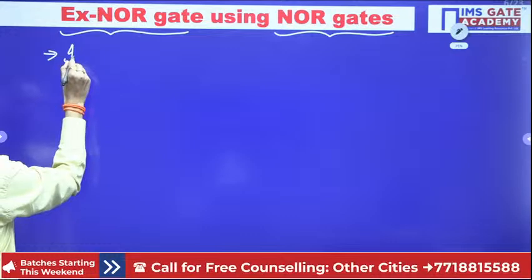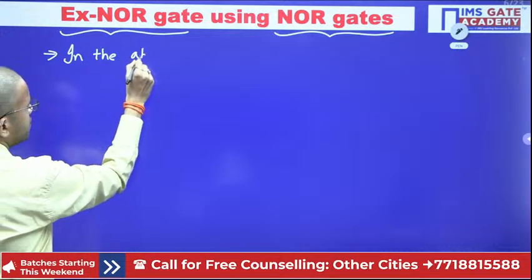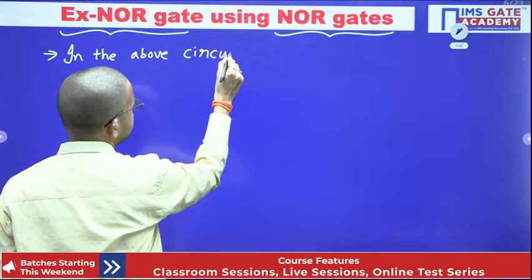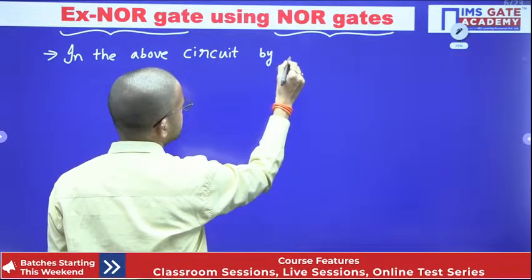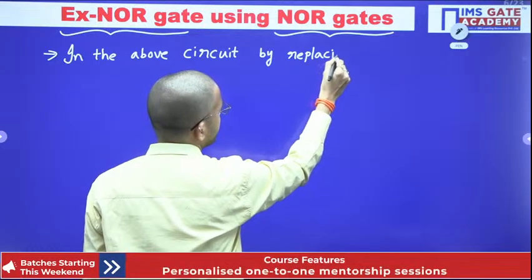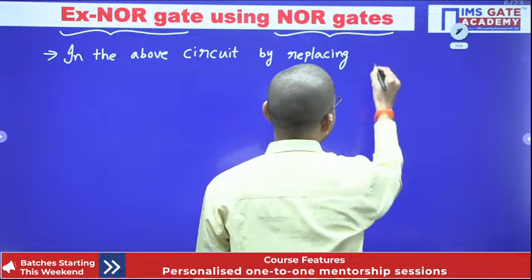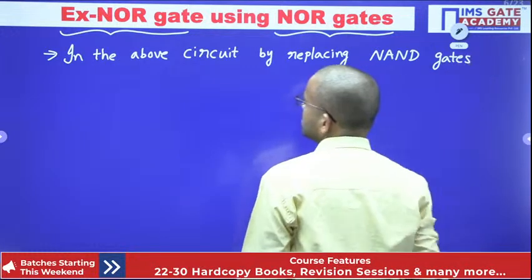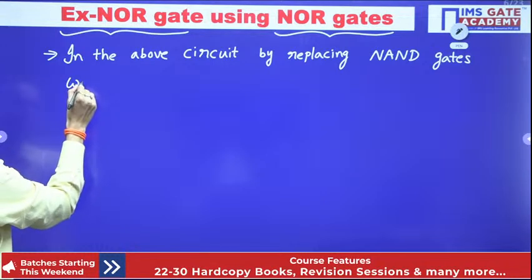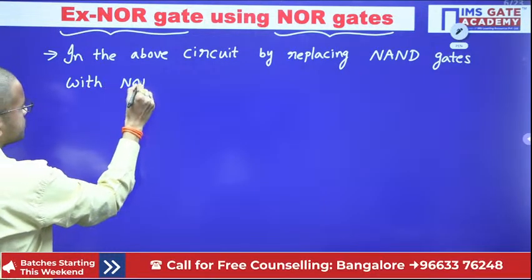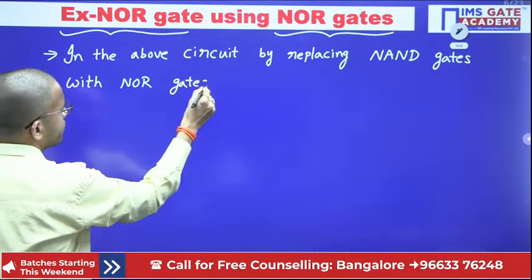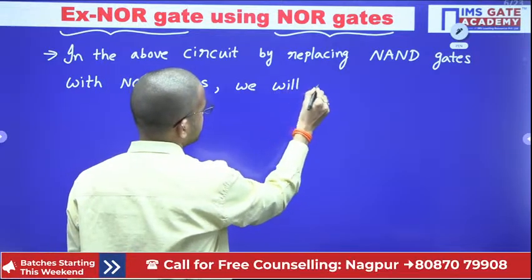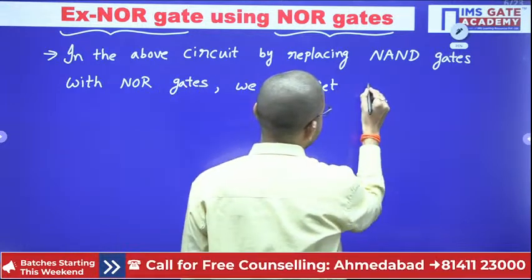In the above circuit, that means whatever circuit we discussed in the last slide, by replacing NAND gates with NOR gates, we will get an XNOR gate.